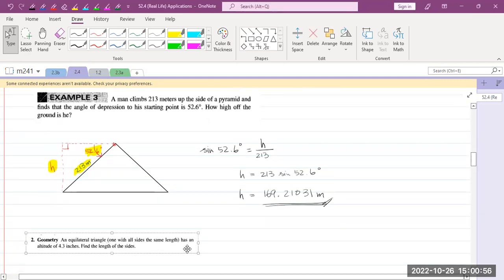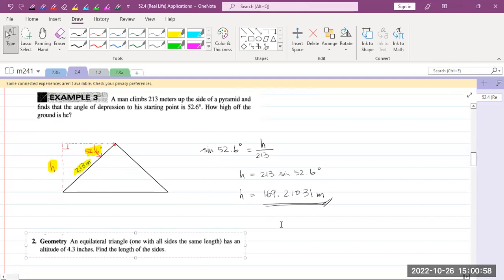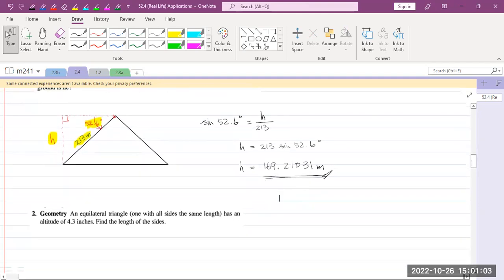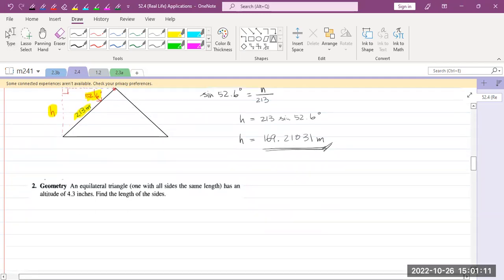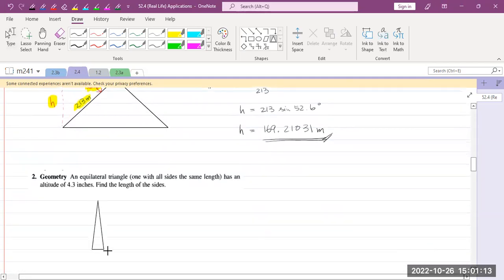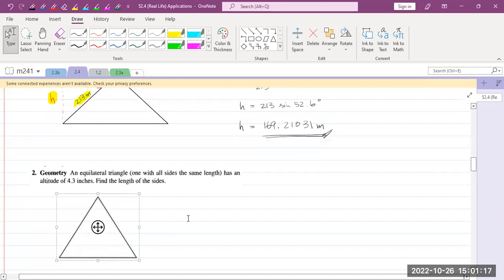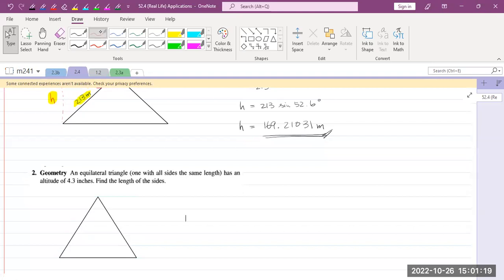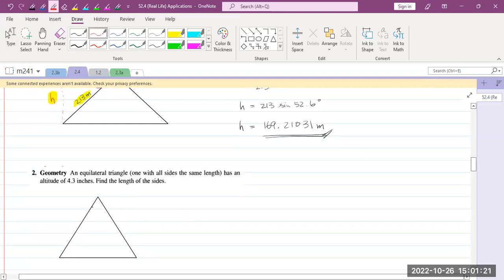An equilateral triangle has an altitude of 4.3 inches. Now, what is an equilateral triangle? A triangle is equilateral if the lengths of all three sides are congruent. Now, consequently, because the lengths of the three sides are congruent, then all three angles must be congruent also.